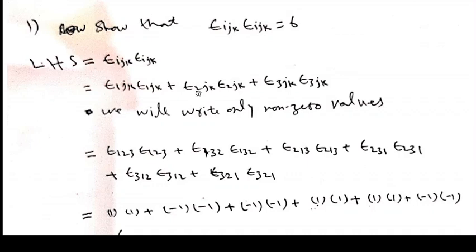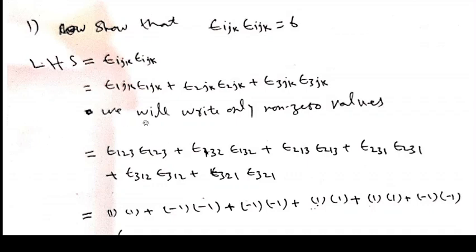Now we will expand the indices j and k. You can see that j and k are both dummy indices. From the first term, you can expand j or k, and likewise in the second and third terms.